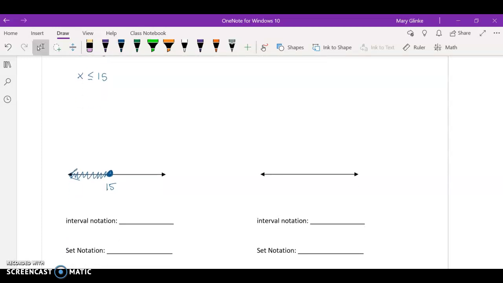Which means based off of that inequality, I can look at this and say it's shaded to the left, which means negative infinity, and my graph stops being shaded at 15, and it's filled in, meaning it's a bracket. For my set notation, I open my set bracket, and it's x such that, and then I write down what my answer was, which is x is less than or equal to 15.